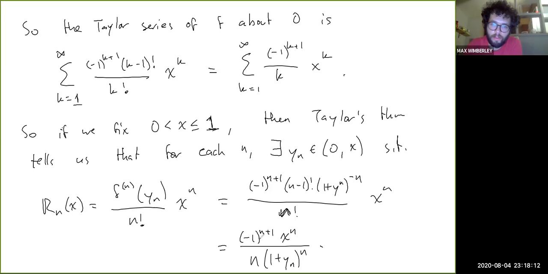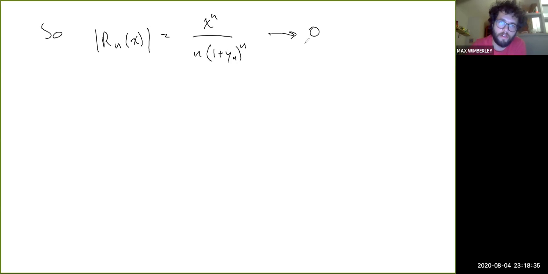And as you can see, Rn of x just equals x to the n over n times 1 plus yn to the n. And this goes to 0 as n goes to infinity, right?